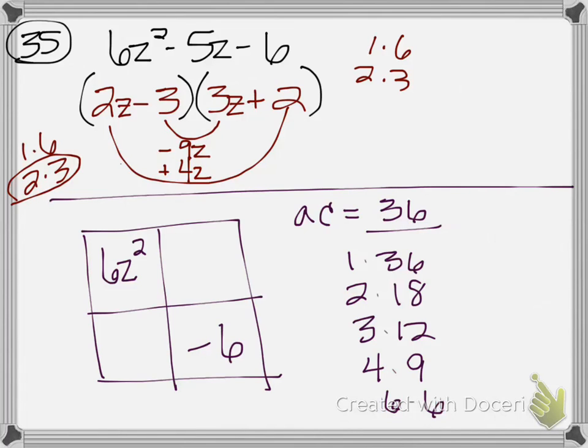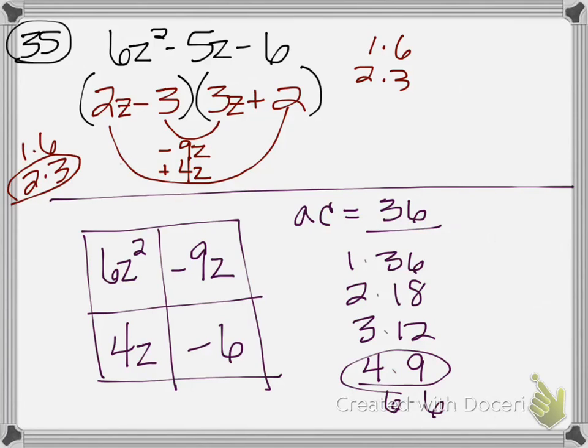It'd be the 4 and 9. So factors of 36 that combine to be negative 5. So since I need a negative 5, I know that it's going to be a negative 9, and I'm just going to put negative 9z here, and I'll put positive 4z here.